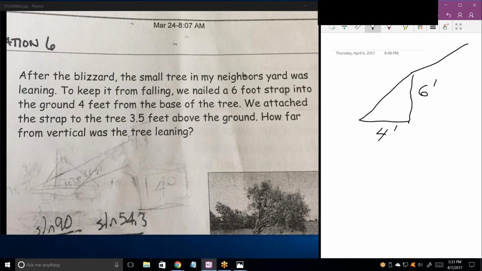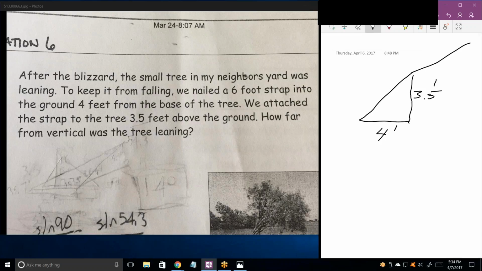Oh man, what does that mean? To keep it, we nailed a 6-foot strap into the ground 4 feet from the base of the tree. We attached this, well, I guess that means it's not a 6-foot strap. In other words, that measurement is going to be 3.5, not 6 foot.